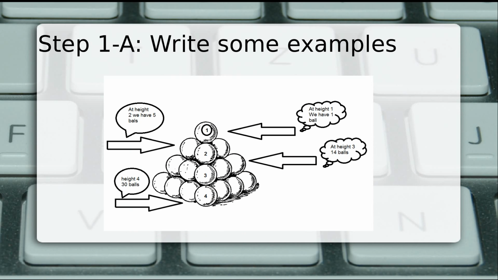So this is a little bit clearer than the previous picture. If you just have one ball, then your height is 1. If you have a height of 2, then you see two layers, 1 and 2.